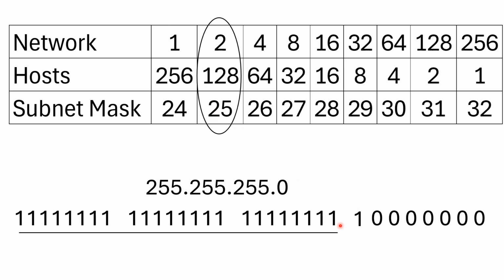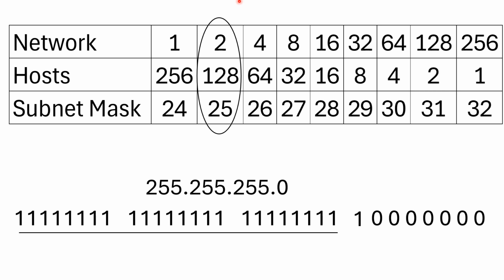Here, we already had 24, now it is 25. This 25 is because we have borrowed one bit from the available bits that we had. Keep in mind that we call the additional one bit borrowed because it was not part of the original IP address block that we got.